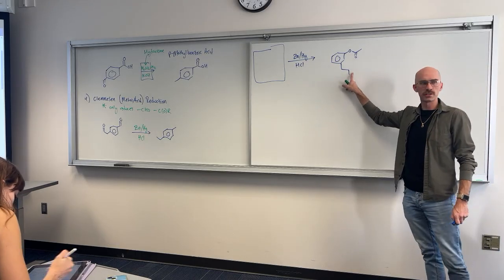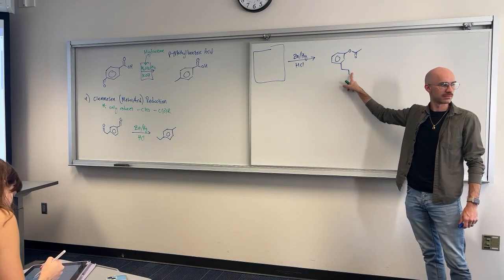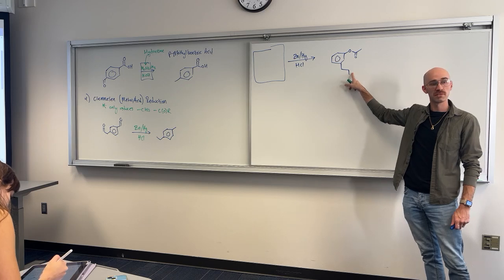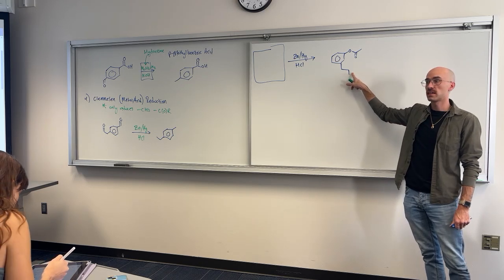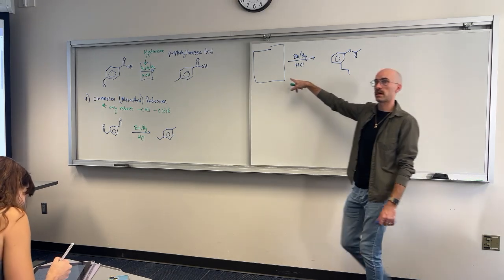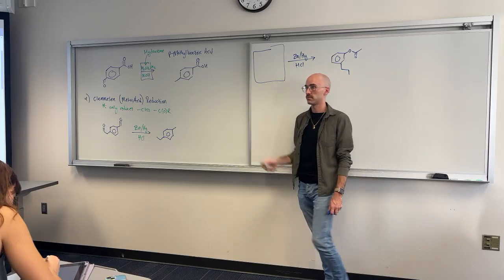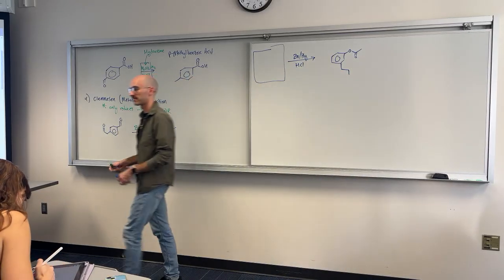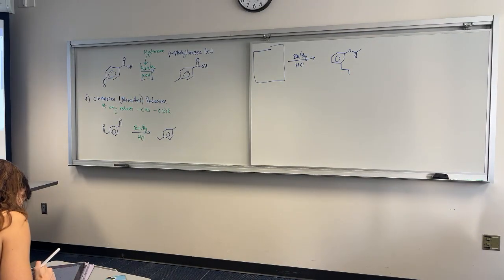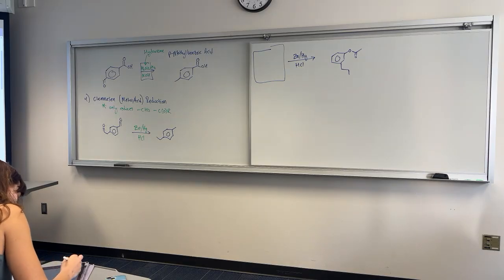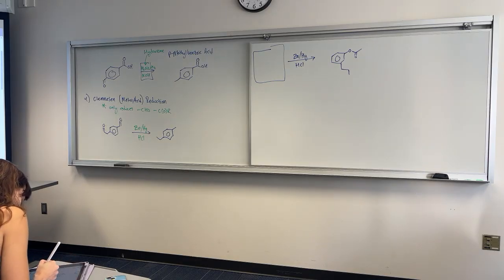Is there only one correct answer here? Okay. So, come up with as many correct starting materials as you can. Feel free to work with each other. Well, you have 4 positions, and you have 2 groups that you can put on.